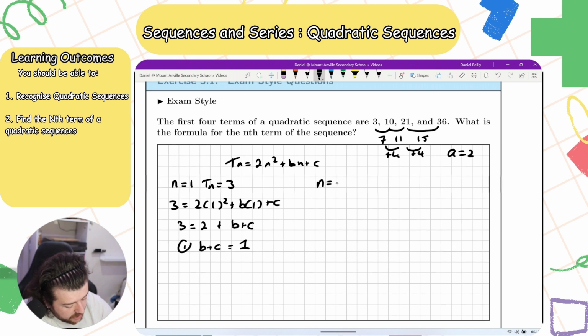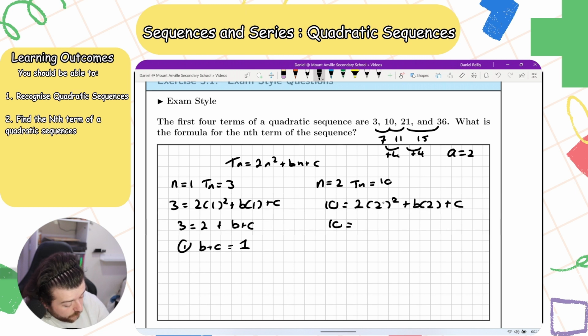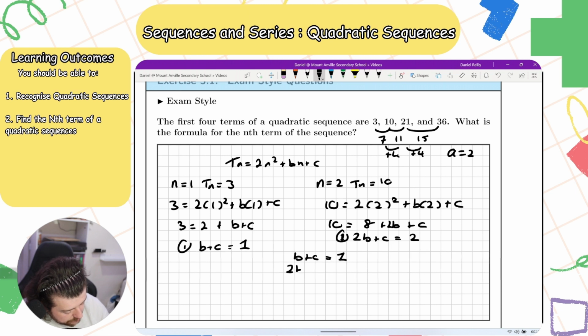My second equation, n equals 2, Tn is equal to 10. 10 is equal to 2 times 2 squared plus b times 2 plus c. 10 is equal to 2 times 4, because 2 squared is 4, so it's 8 plus 2b plus c. 2b plus c is equal to 2. And that is my second equation. Solve these simultaneously.